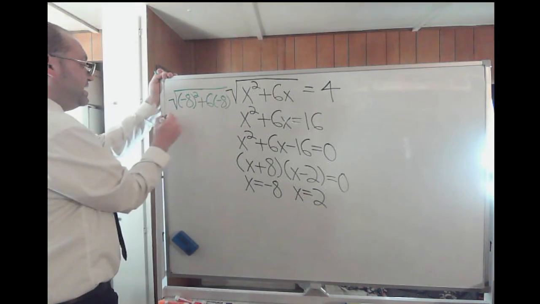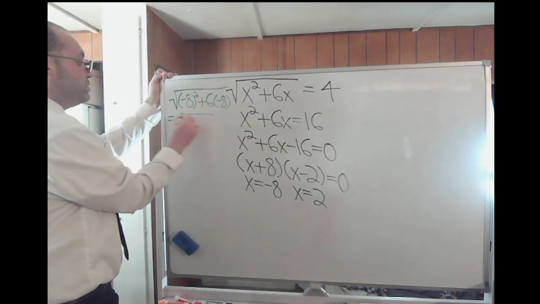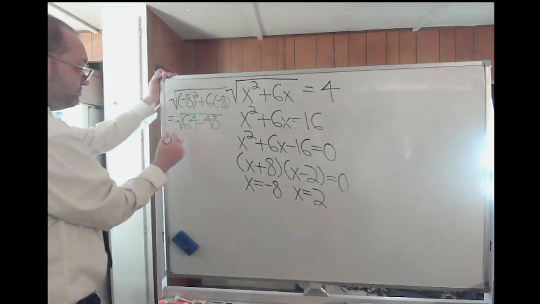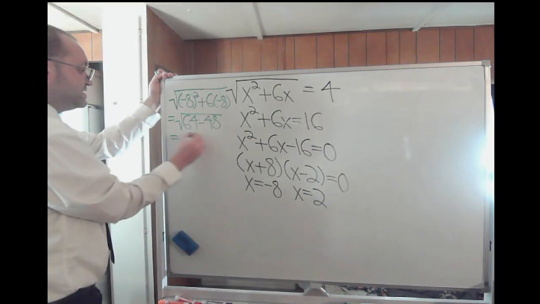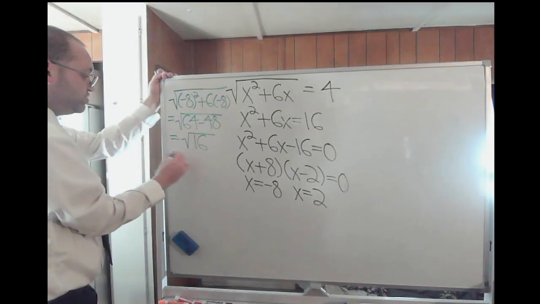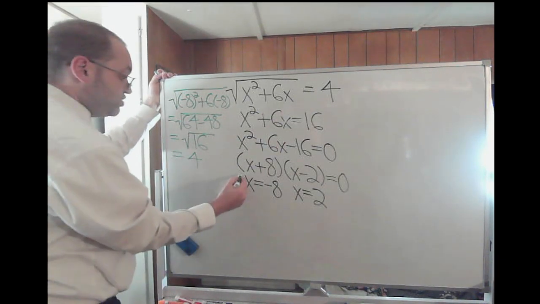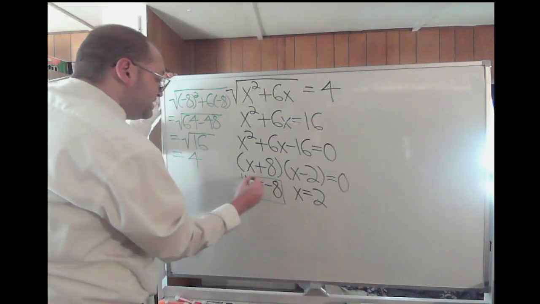The square root of all that is going to equal the square root of 64 minus 48. Well, 64 minus 48 is 16, so I have the square root of 16, which equals 4. Well, 4 equals 4, so actually x equals negative 8 checks out.